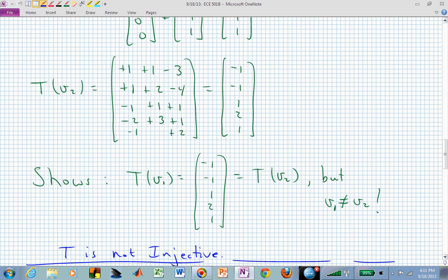And that's what we meant by something being not injective. To be injective, T of v1 would generate some vector in the codomain, and T of v2, if it was different from v1, would get you to another place in your codomain. That's what we mean by injective. It's a one-to-one relationship between our domain and our codomain.